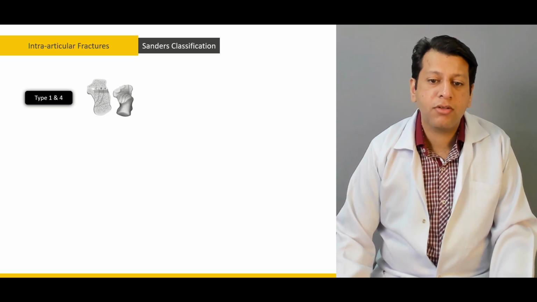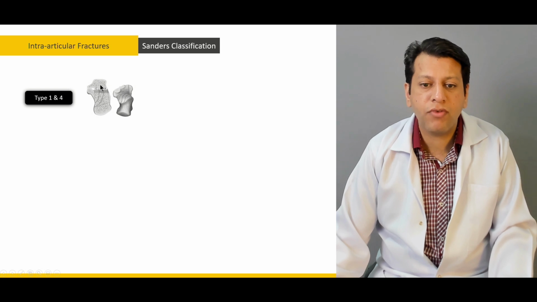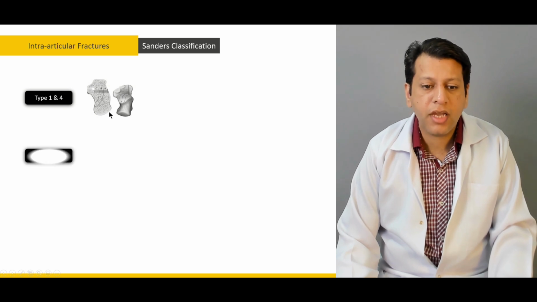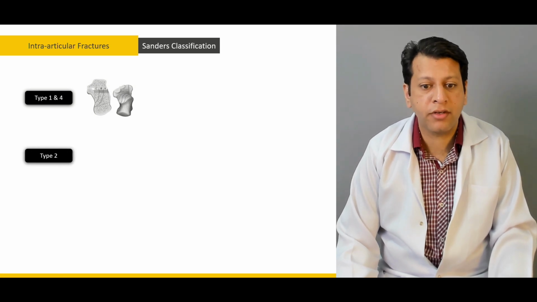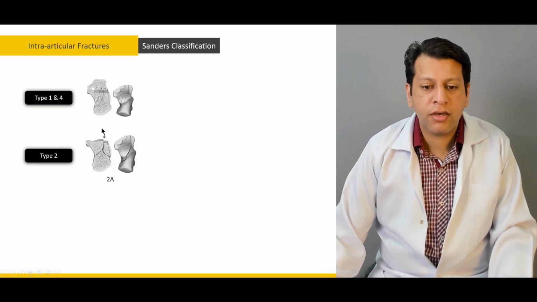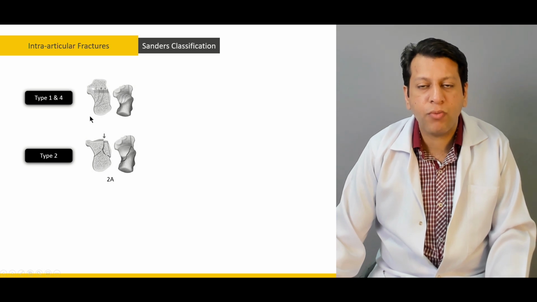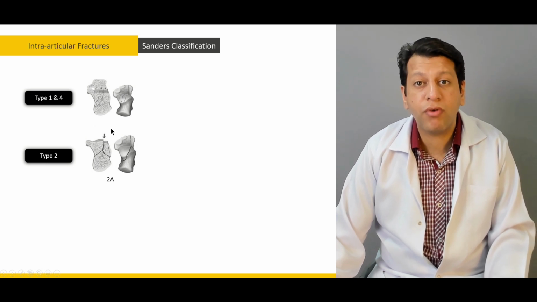This is how they view it, on a coronal view, and on the coronal view they see how many fracture lines there are. Type 1 is either no fracture, or type 4 is a multiple comminuted fracture. Type 2 is a two-part fracture. On type 1 you have one fracture line, and on type 4 you have four fracture lines.